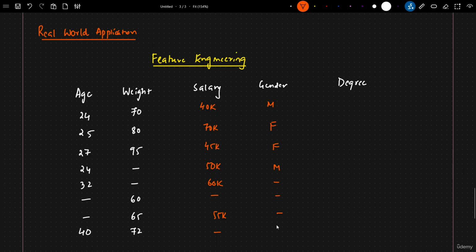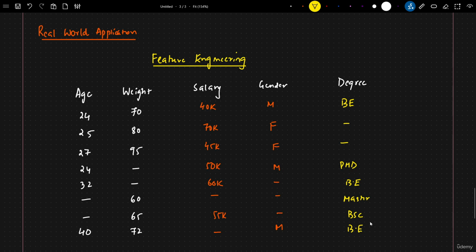Then there are blanks, missing values, and then we have male. Degree, let's consider a degree. We have BE, PhD, BE, Masters, BSc, and BE.